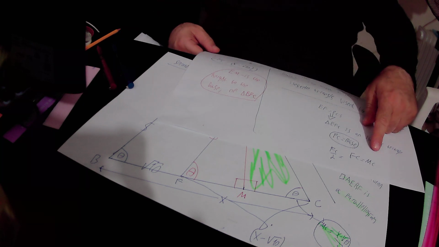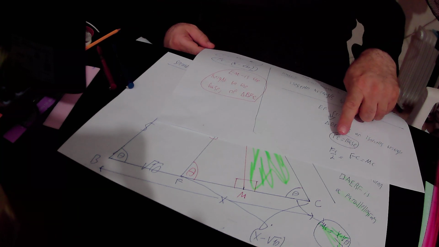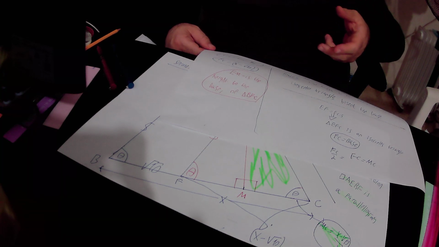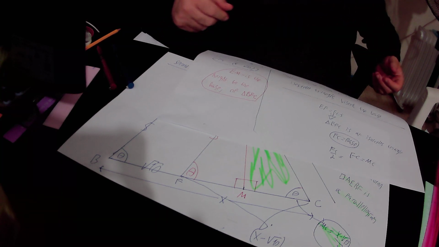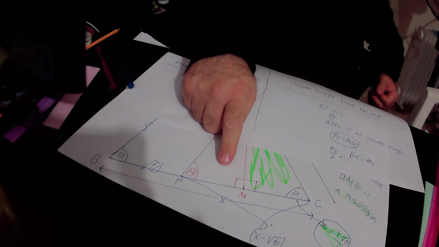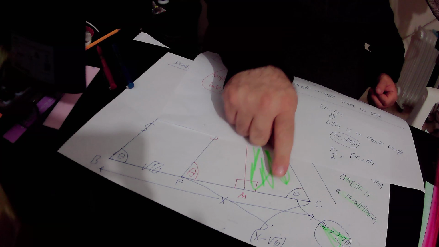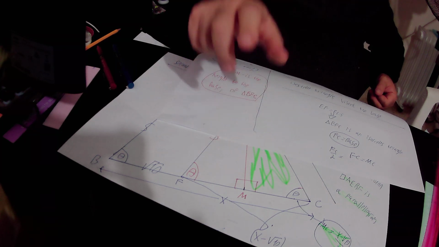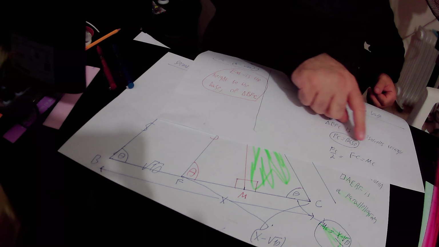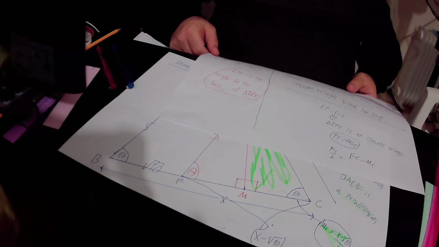That is to say, FM equals MC equals FC over 2. Why? Because each part is half. It divides this into 2 halves, so this will be equal to FC over 2, and this will also be equal to FC over 2. And FC over 2 plus FC over 2 is FC. So in conclusion, FC over 2 equals FM equals MC.